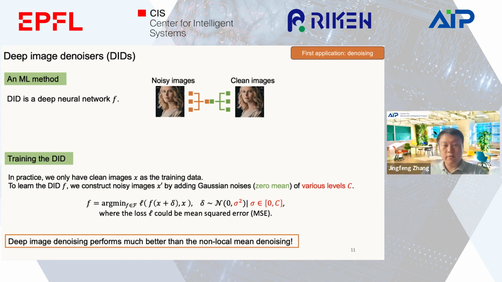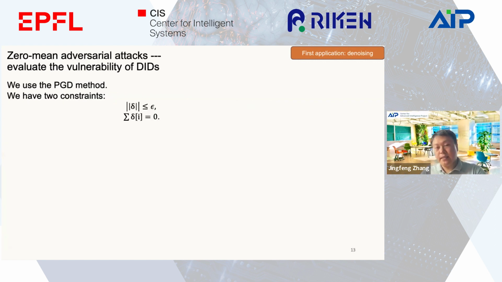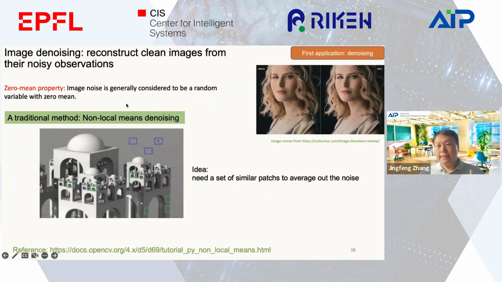That is what we did actually, because the noise in deep image denoising has to meet the zero mean property. Otherwise, the noise will affect the brightness of the image. Therefore, our adversarial noise also has to meet the zero mean property.